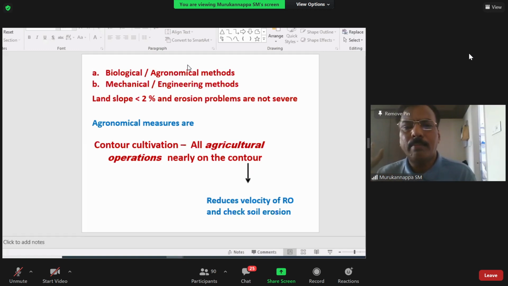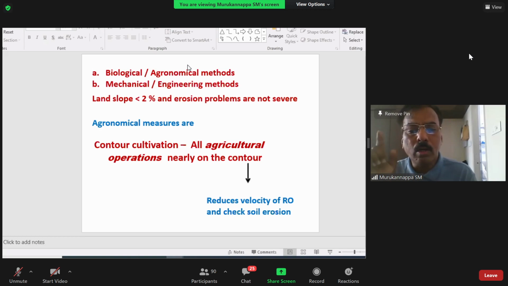Did you get it? You draw the contour line, the line joining places of the same elevation. So if you are doing the cultivation all along the contour line, that is contour cultivation. The operation is nearly on the contour.